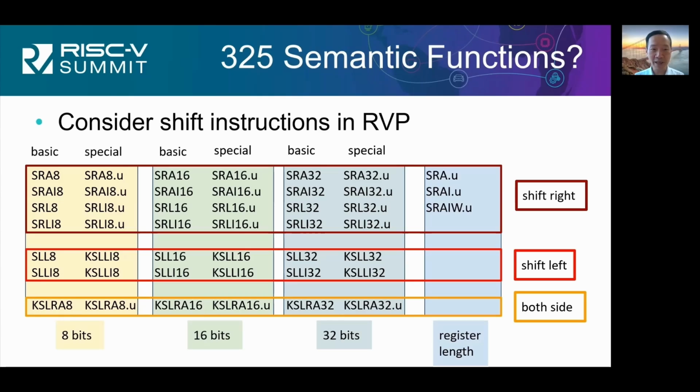And also there are some special shift instructions for signal processing, for example, rounding or saturated shift instructions. And also there are different shift instructions for different bit lengths, 8 bits, 16 bits, or 32 bits. Hence, there are about 45 shifting instructions in RVP.